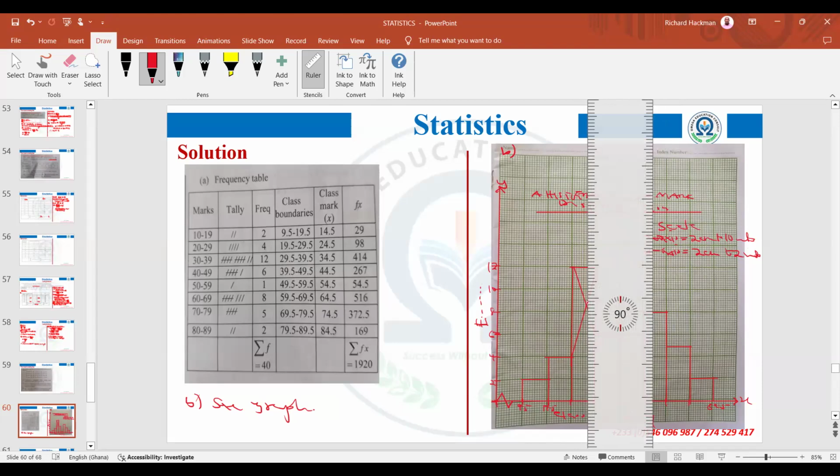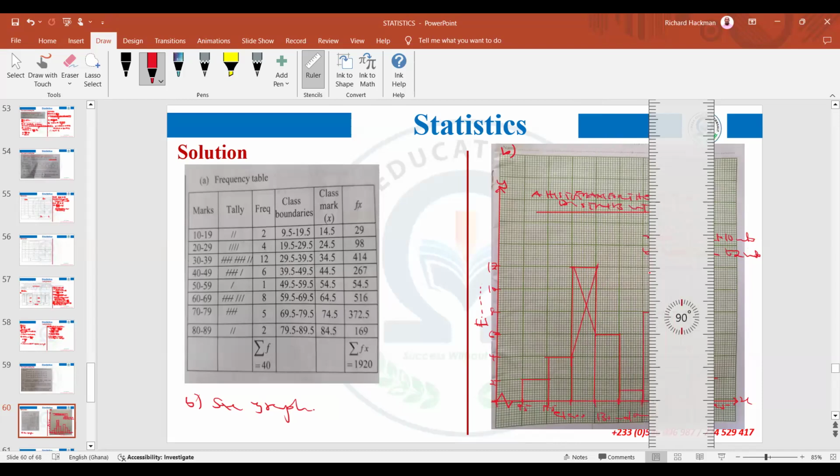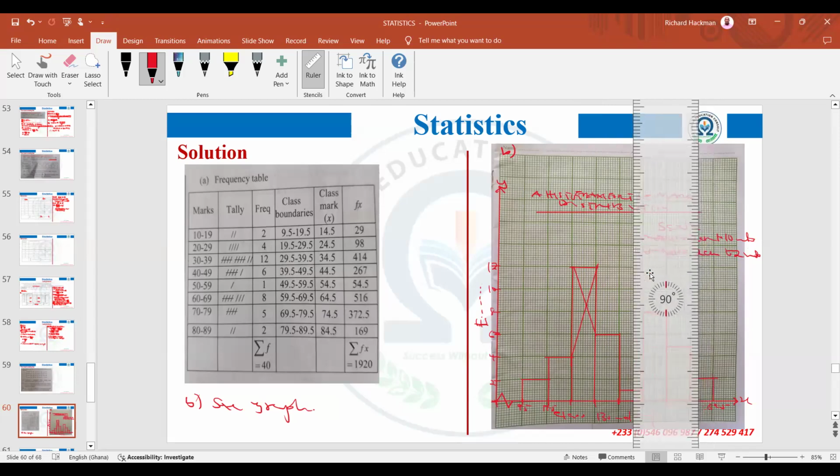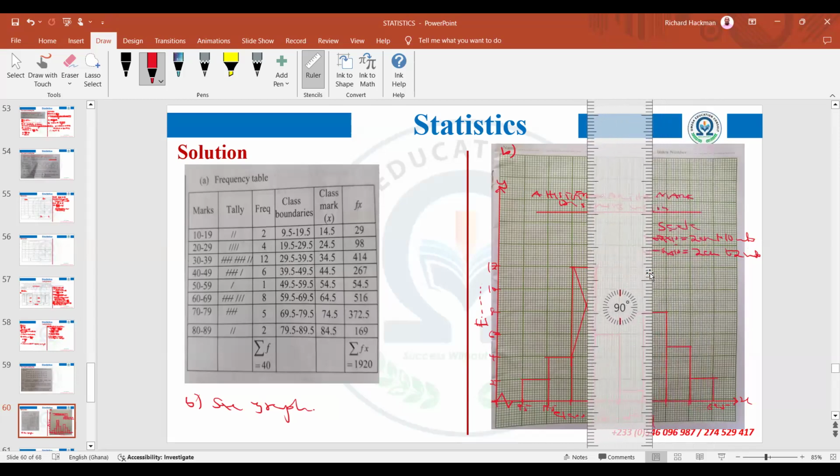So usually I advise students, before you trace, locate the exact point of intersection with your pencil. I'm also doing the same, locating the exact point of intersection. Then I can place my straight edge there, and then I go and trace.